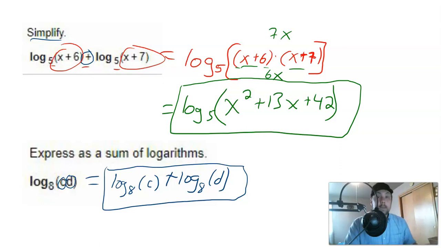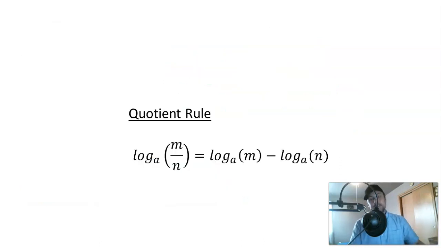All right, so we talked about the product rule, and that rule exists because if you're multiplying two things together, you would add the exponents. Therefore, we add the logarithms. The next rule we're going to look at is the quotient rule, which I kind of alluded to earlier. It's the case where if you're dividing two things, you would subtract the exponents. And so that's what you're going to do with the logarithms.